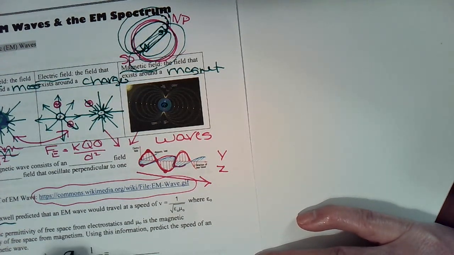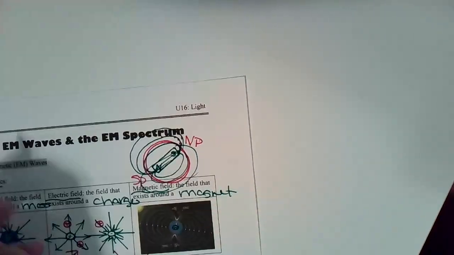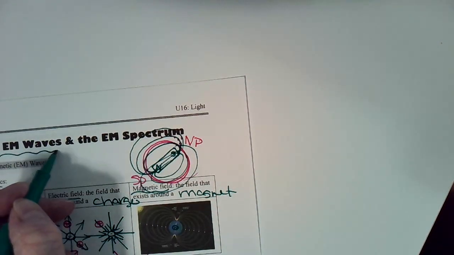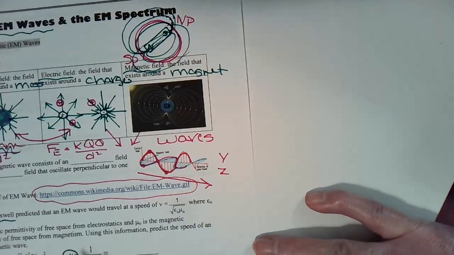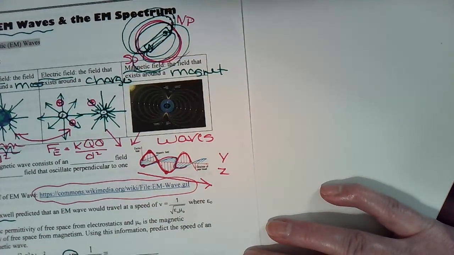So he predicted that the velocity of all electromagnetic waves would travel at a velocity equal to 1 divided by the square root of 2 constants that are multiplied together.